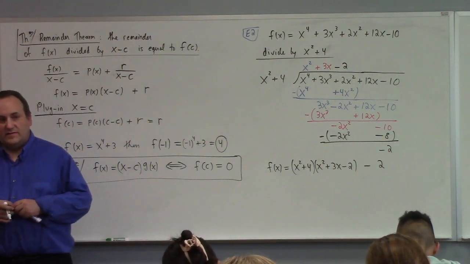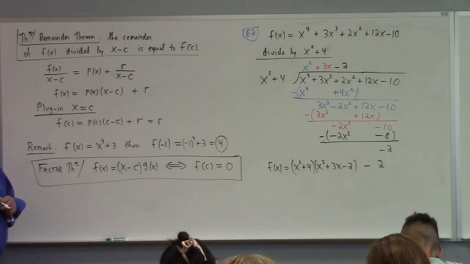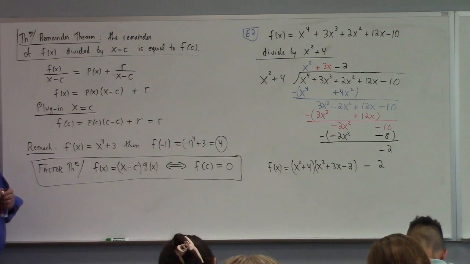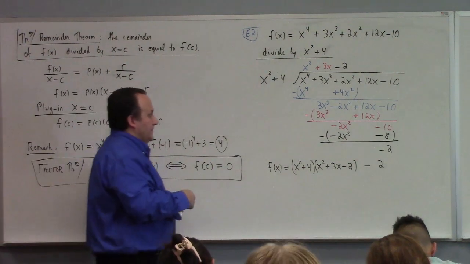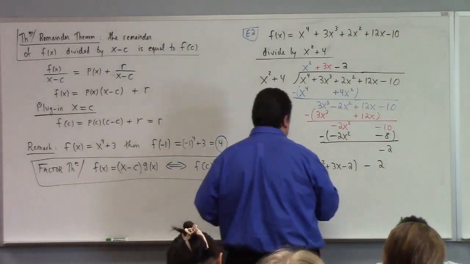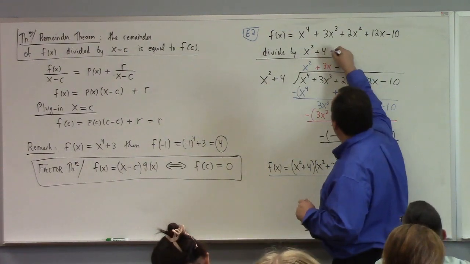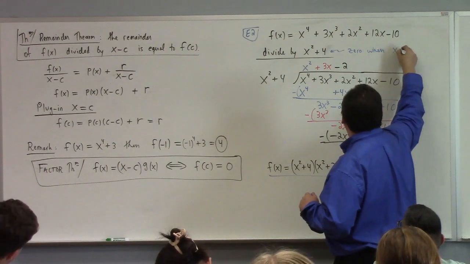So is x squared plus 4 a factor? No, not at all, because of the remainder, right? However, here's something interesting. You can use this formula, right? Let me underline it. So what would the zeros of this be? When x is equal to what or what?